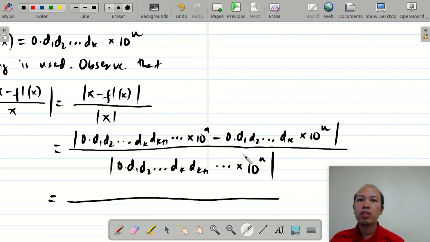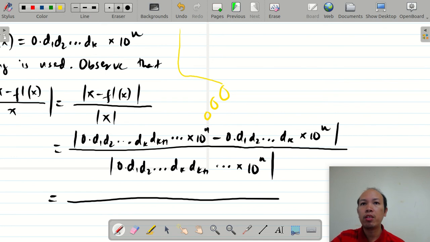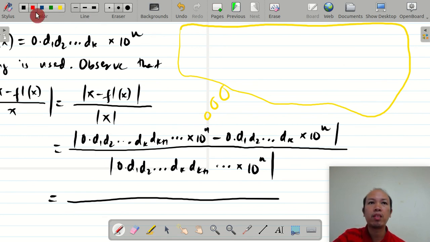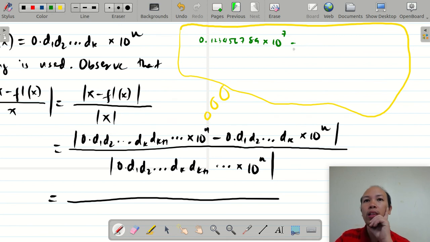So let's have a thought bubble. Example, this is our x: 0.123456789 times 10 to the 7, minus, we chop it up to k equal to 3.